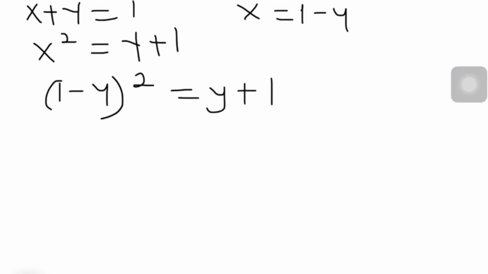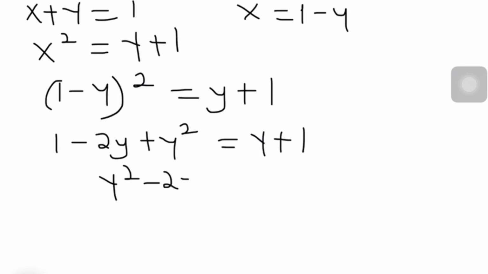What is 1 minus y squared? It is the same as 1 minus 2y plus y squared is equal to y plus 1. Let's collect the like terms together. y squared minus 2y minus y, is it?